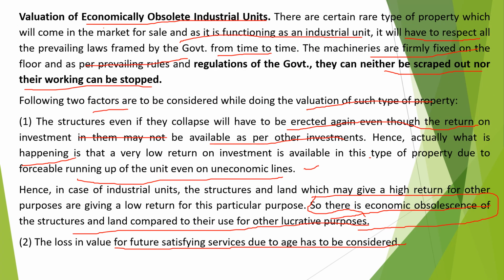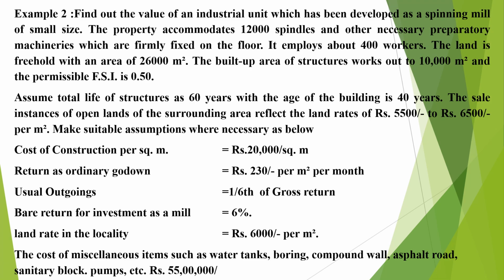First one, we will discuss in this example. Find the value of an industrial unit which has been developed as a spinning mill of small size. The property accommodates 1200 spindles and other necessary preparatory machineries which are firmly fixed on the floor. It employs 400 workers. The land is freehold with an area of 26,000 square meter.